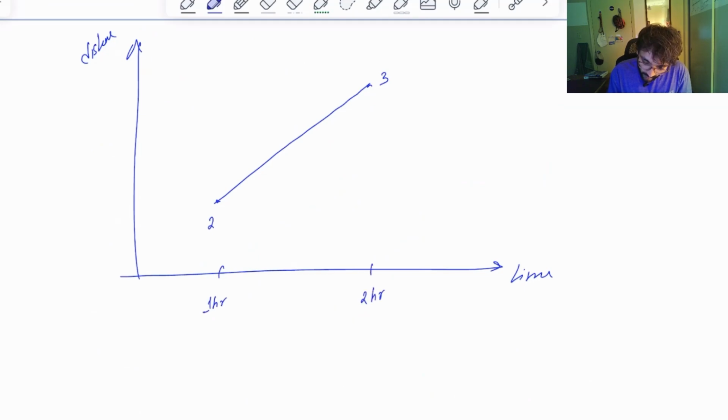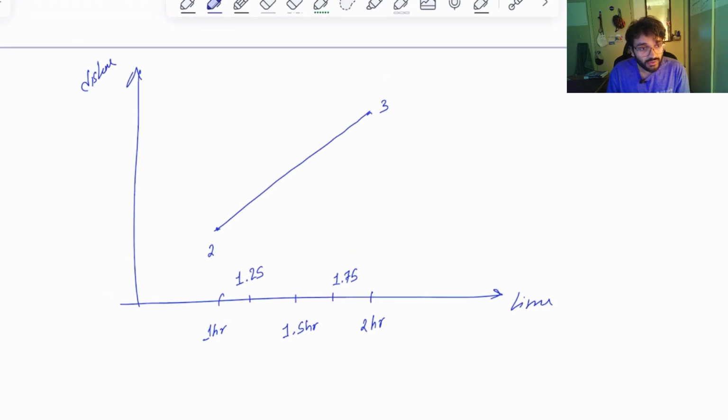Let's say this is 1.5 hour, and then this is 1.75, and then this is 1.25. So again I have divided that 1 hour, from 1 hour to 2 hour, into four sub regions of 15 minutes each.